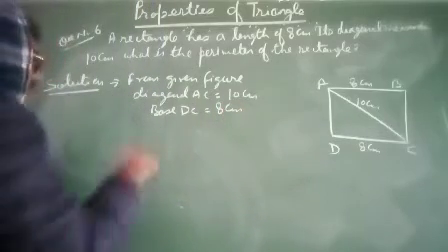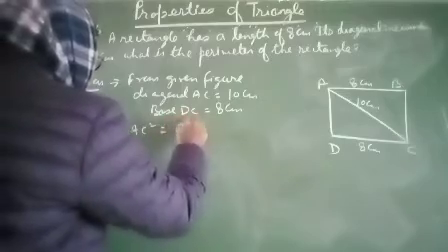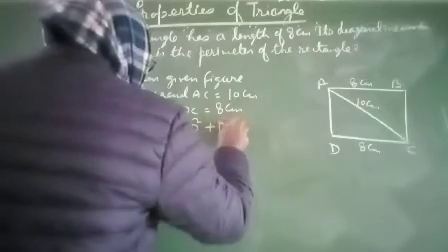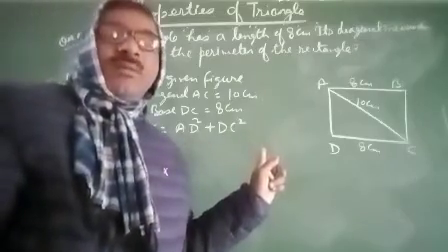So by Pythagoras theorem, AC square equal AD square plus DC square. Hypotenuse square equal perpendicular square plus base square.